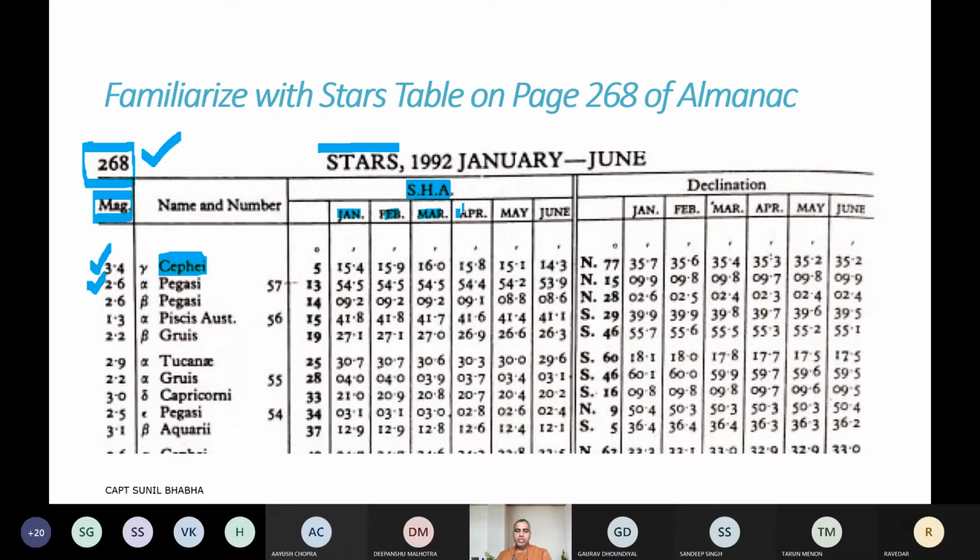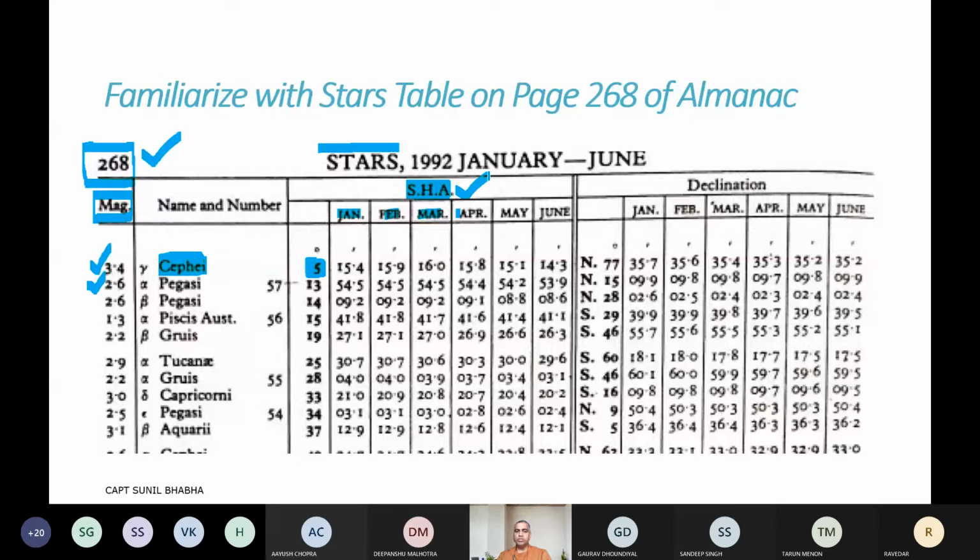Now when you pick up the SHA from this table, you see the value of SHA in degrees is given in the first column. For Cephei, you can see the SHA is 5 degrees. And later on in the monthly columns, they only mention the minutes. The reason for this is that the SHA of the star does not change much.